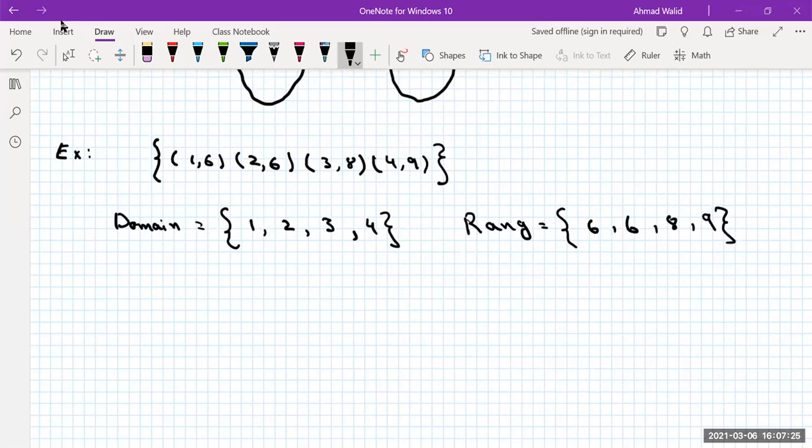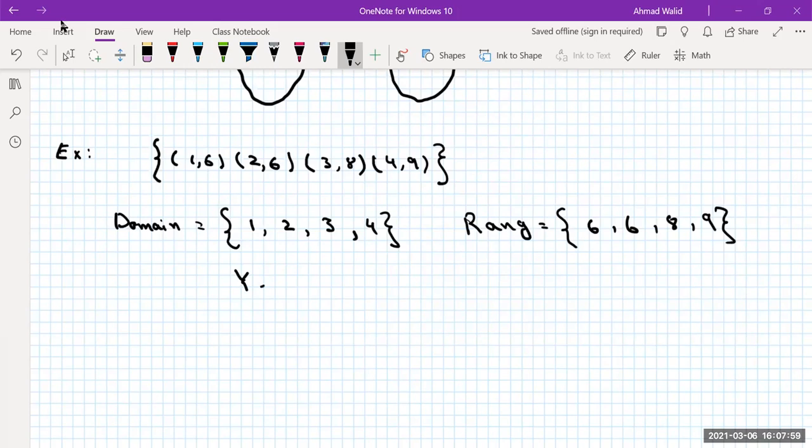Your focus should be on the domain to know if this relation is representing a function or not. Just check the x values. Do you have any repeating number here? Do you see 1 coming as repeating, 1 again, or 2, 2? No, there is no repeating x.